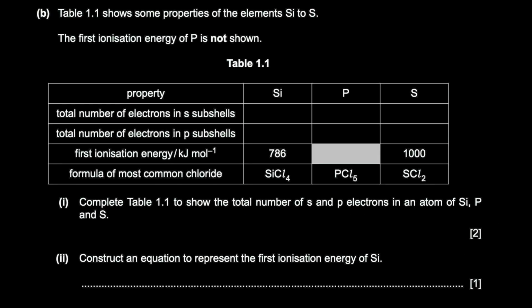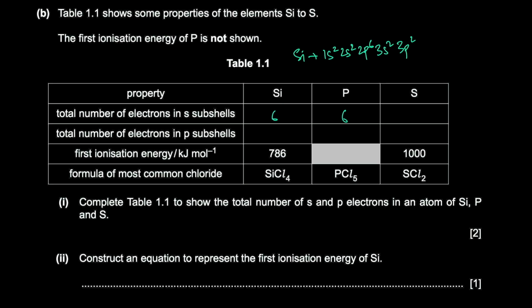So what do we have here? Okay, for all of them we have 1s2, 2s2, 2p6, and then 3s2, and then for silicon we have 3p2. So the total number of electrons in s subshells, we have 2 in the 1s subshell, 2 in the 2s subshell, and 2 in the 3s subshell. So that's 6.